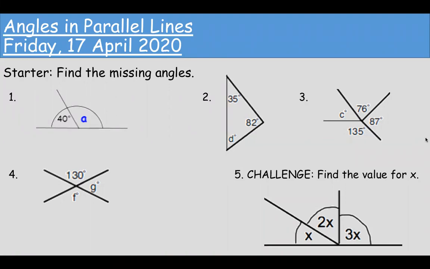How do you get 320? Because the whole thing is 360. It's 140 because the whole thing is 180 and then it minus 40. Okay, very good. So this is a straight line angle. So 180 minus 40 is 140. The whole thing is 360, but we're looking at a straight line.